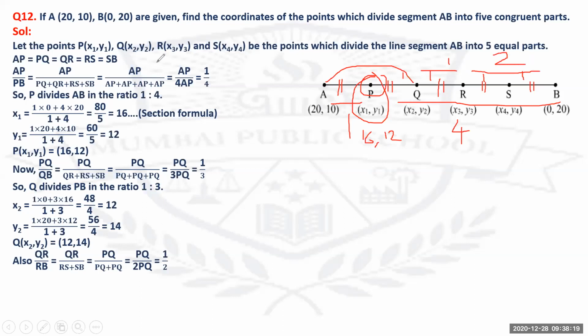By applying the section formula, we'll come closer to the answer. Is this clear to all the students? So that is 1 into 0 plus 2 into 12 upon 1 plus 2, that is 24 upon 3, that is equal to 8. And for the y coordinate, 1 into 20 plus 2 into 14 upon 1 plus 2, that is 48 upon 3, that is equal to 16.